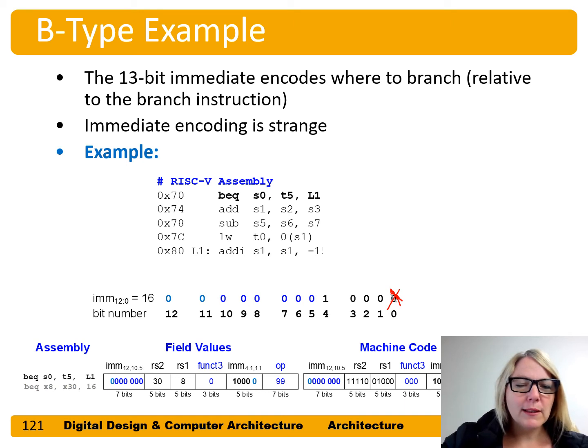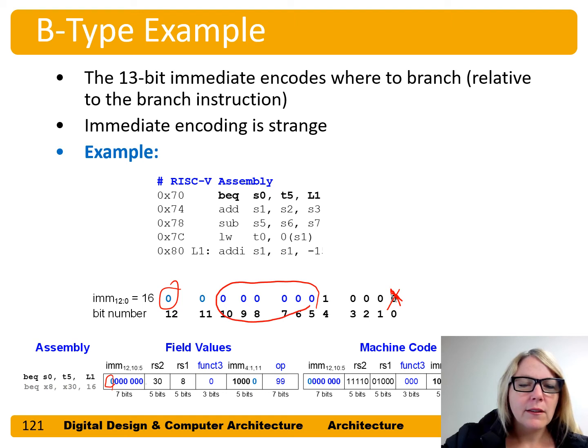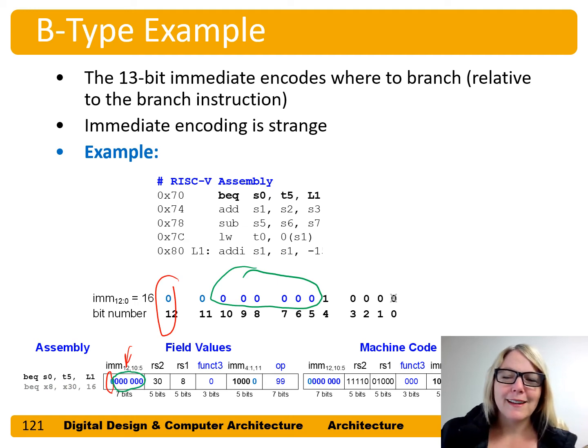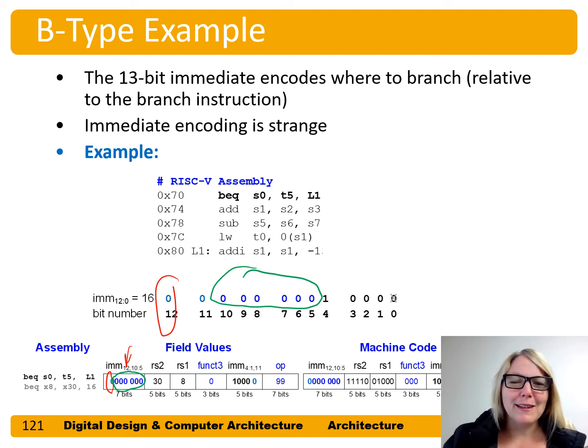We encode bit 12, which is the most significant bit here, and then bits 10 through 5 in the upper part of the immediate encoding.